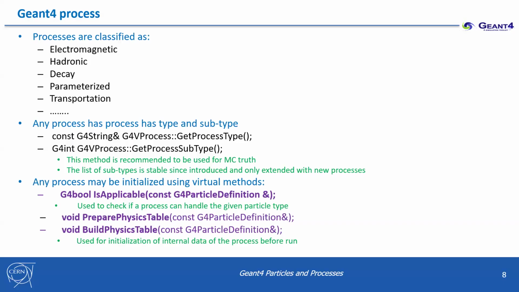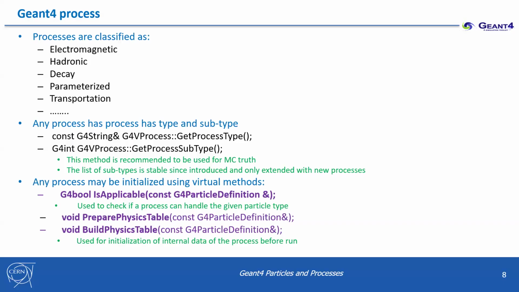And subtype is integer. We strongly recommend to use subtype of process if you design in your simulation Monte Carlo truth, so history of what happens with particles inside your setup, because handling of integer values is faster than strings.